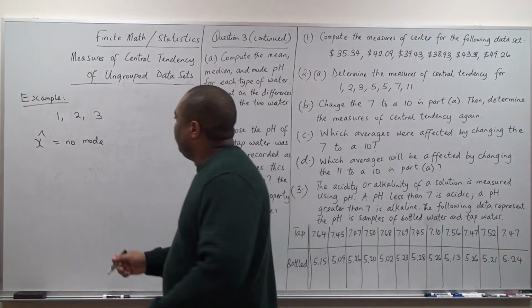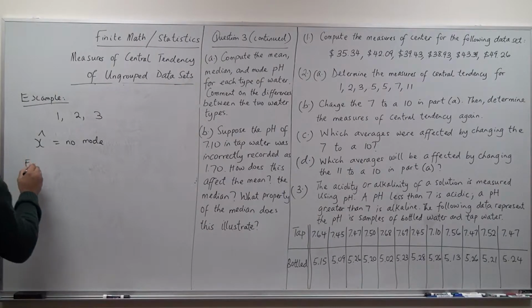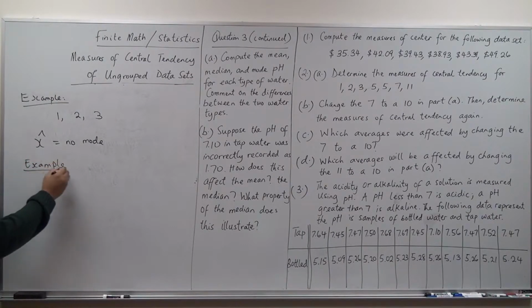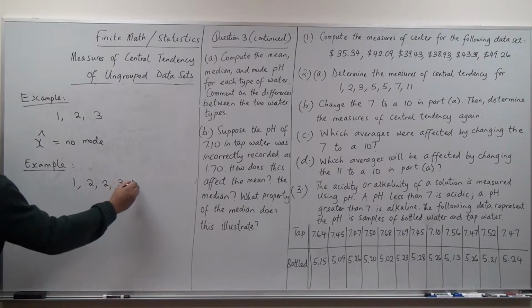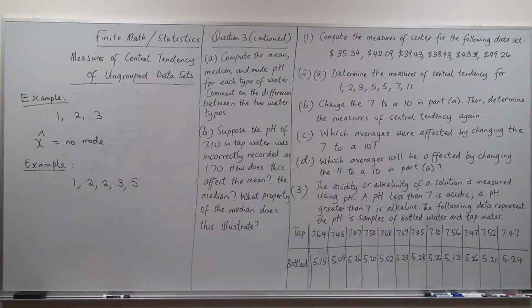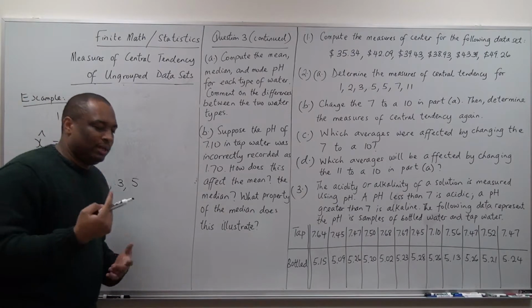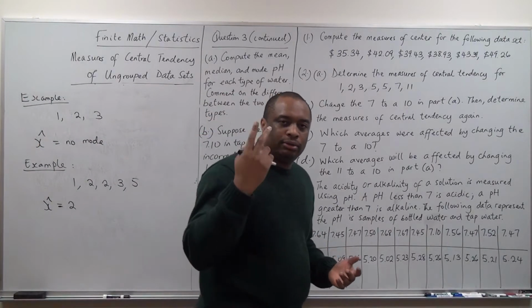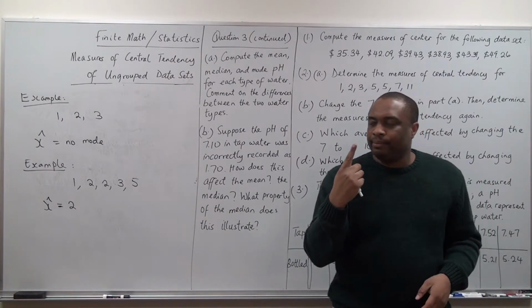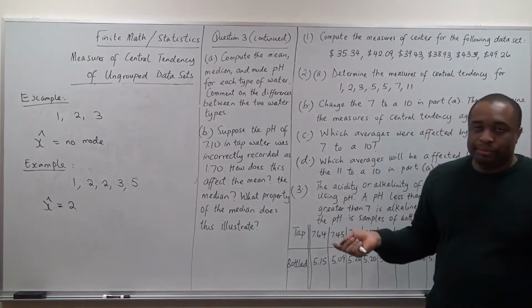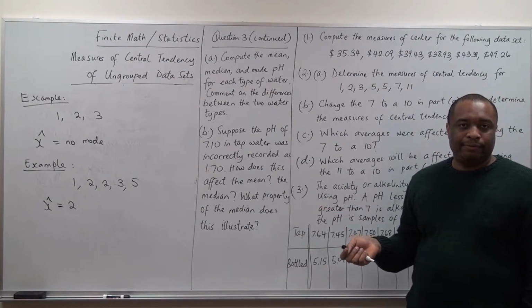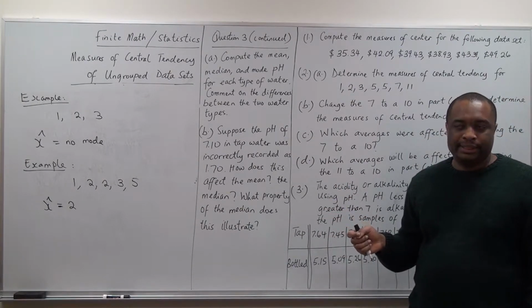But what if you have another example? What if you have 1, 2, 2, 3, 5? Here, X hat is 2, because 1 occurred one time, 2 occurred 2 times, 3 occurred one time, 5 occurred one time. So the mode is 2 because it has the highest frequency, or highest number of occurrence.